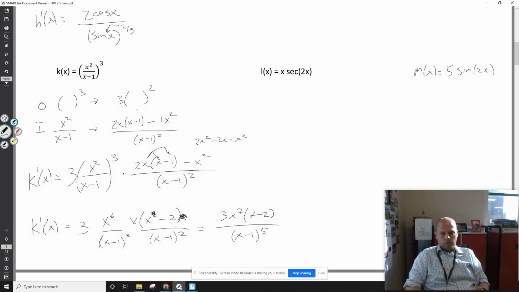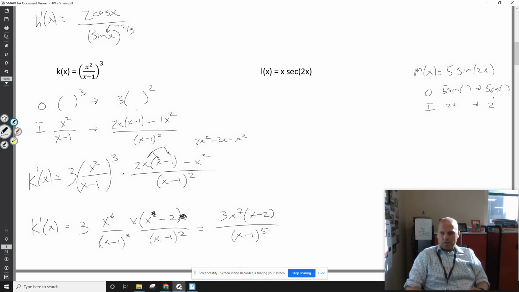Okay, this is a great example, this one. It's a simple chain. Yes, it's a product, but since it's not x's times x's, you don't use the product rule. It's just a constant. So I would say that the outside is 5 sine parentheses. I'd say the inside is 2x. It's a good one because it's very simple, but very important to see.